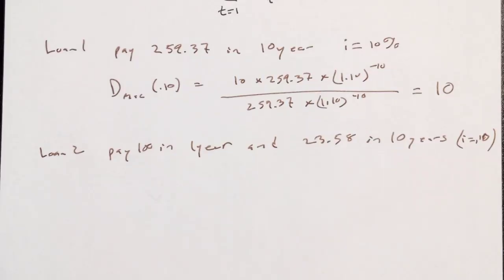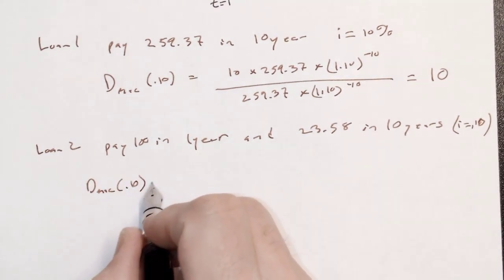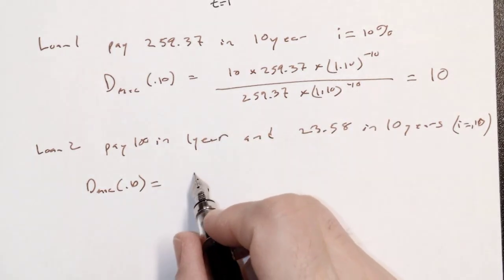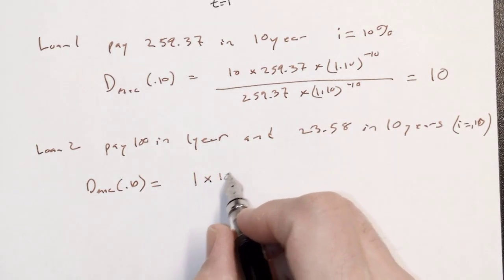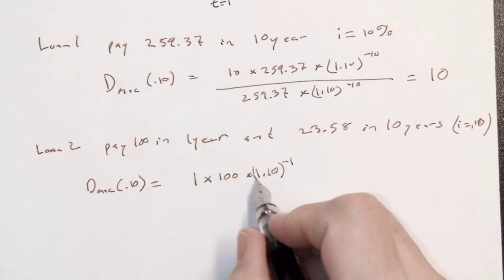Let's work out the duration for this. Well, my first payment: 1 times 100 times 1.10 to the negative 1.